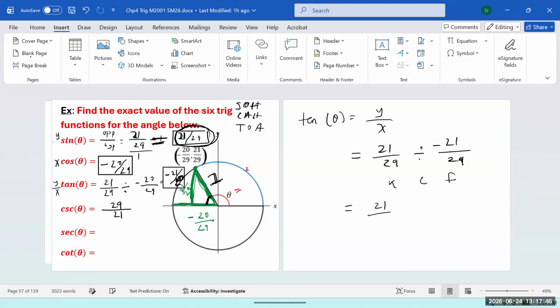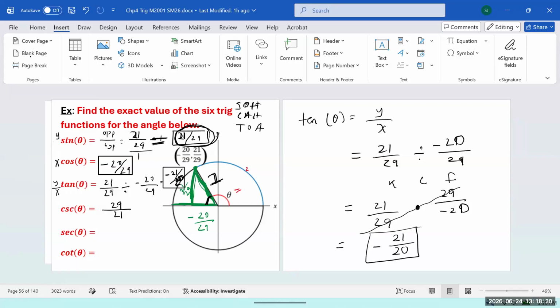So you get 21/29 times 29/21 on the bottom. 29 cancels out. Oh, 20. Wait, 20. So 29 cancels out, we get -21/20. And once you have these three, you know the rest.